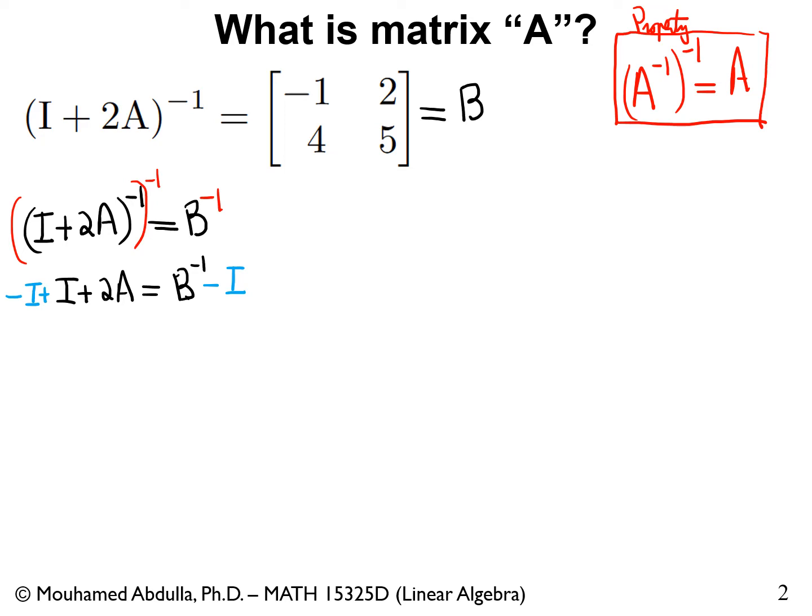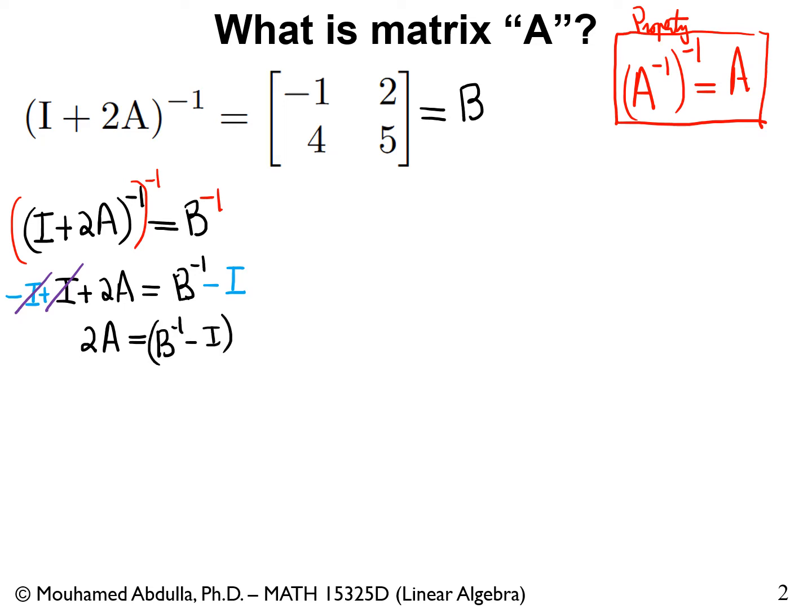And at this point, when you have this expression as such, well, what you will get is that the identity and the identity will cancel each other. And we're left with only the 2A on the left-hand side. So a scalar 2 multiplied by matrix A equals to B inverse minus the identity, like this.